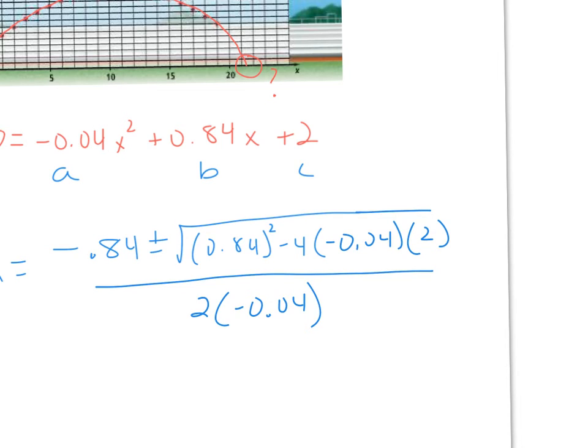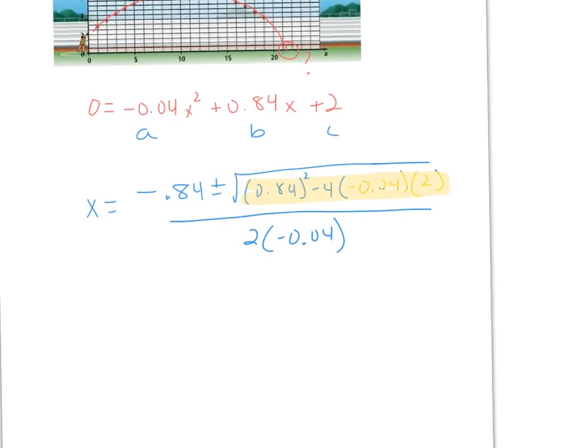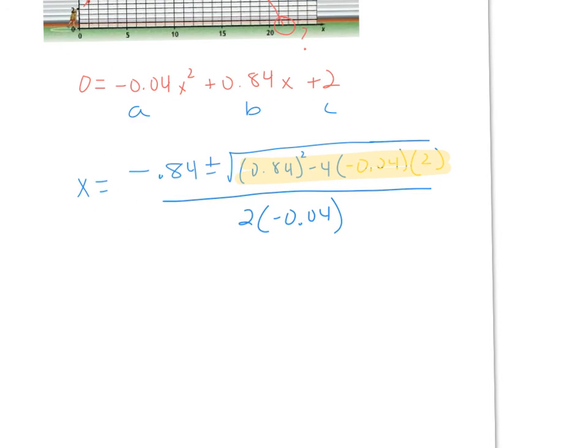Okay, all right, again, we're going to utilize our calculators and type this puppy in right away. So I end up with 0.84 squared minus 4 times -0.04 times 2. All right, so when I did that, I've got x, I do that every time, don't I?